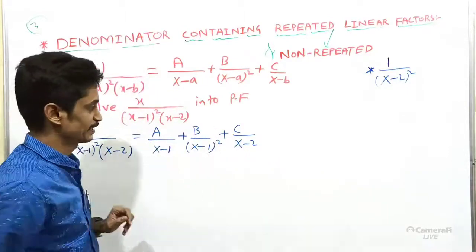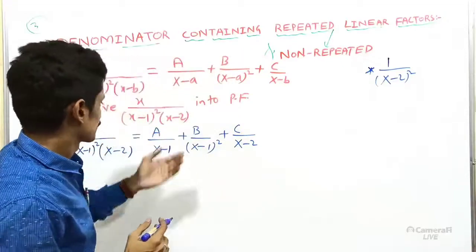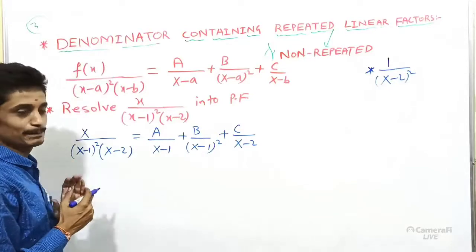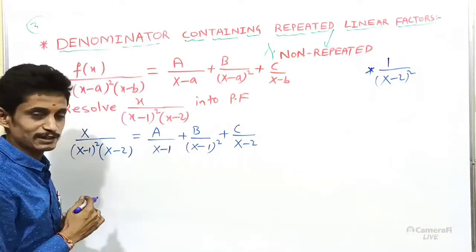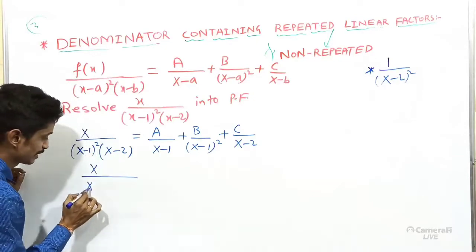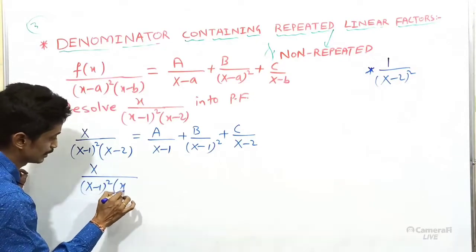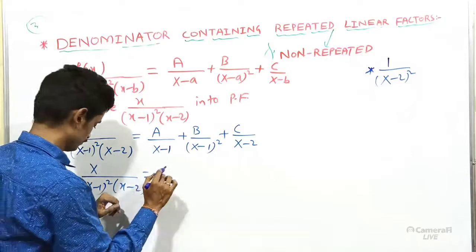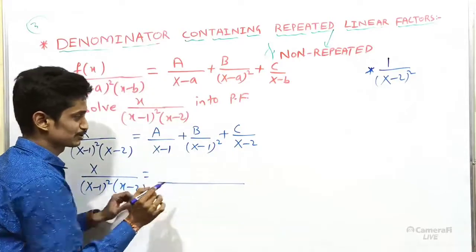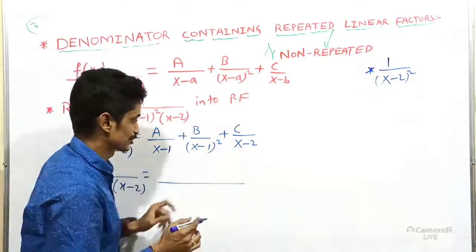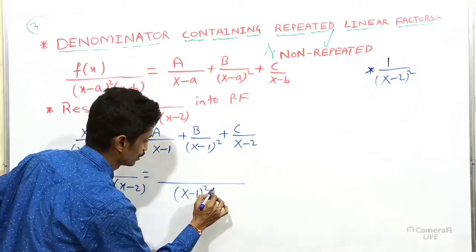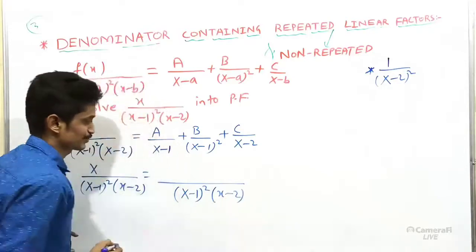Now this we can split. Some unknowns are there. Now let us move to find the unknowns A, B and C. How to get A, B and C? For that, on the RHS part I will take an LCM. LHS I will write as it is, x divided by x minus 1 whole square into x minus 2. On the RHS side, x minus 1 whole square and x minus 2 are different, so I will write x minus 1 whole square into x minus 2.